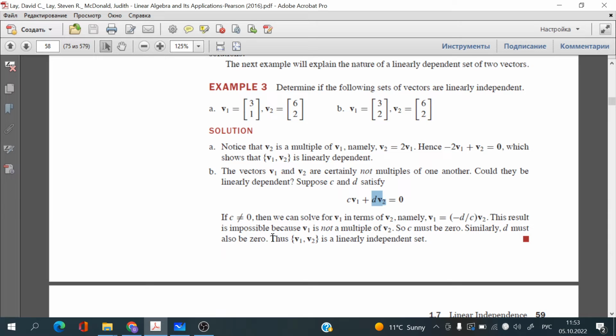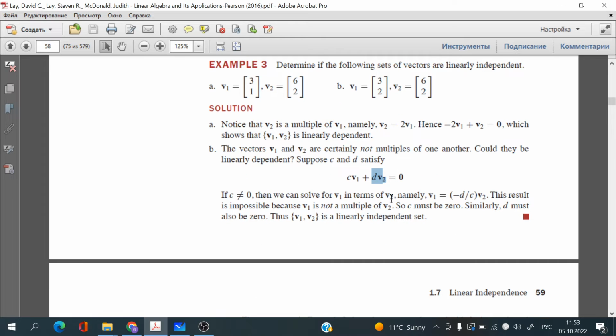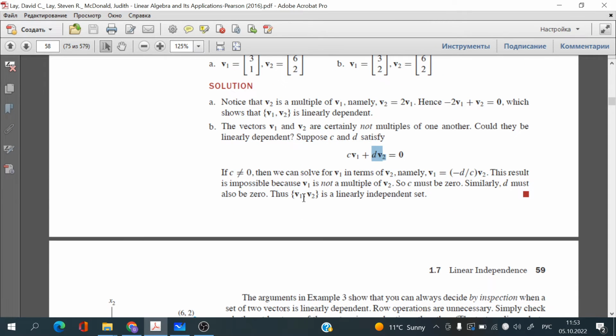This result is impossible. Why? Because v1 is not a multiple of v2, correct? So c must be 0. And this is true for d as well; just do the same manipulation with d, and it also must be 0. So our set v1 and v2 is said to be a linearly independent set.